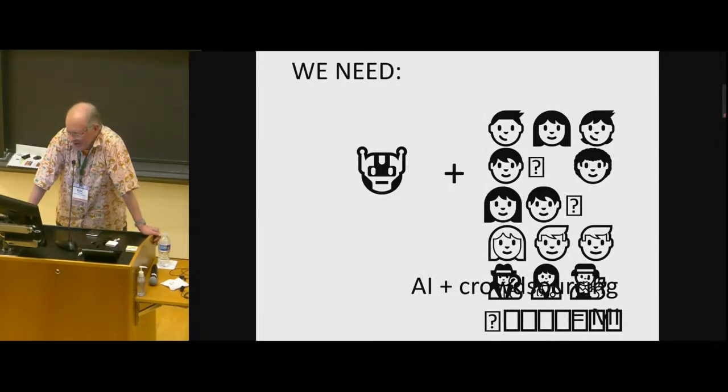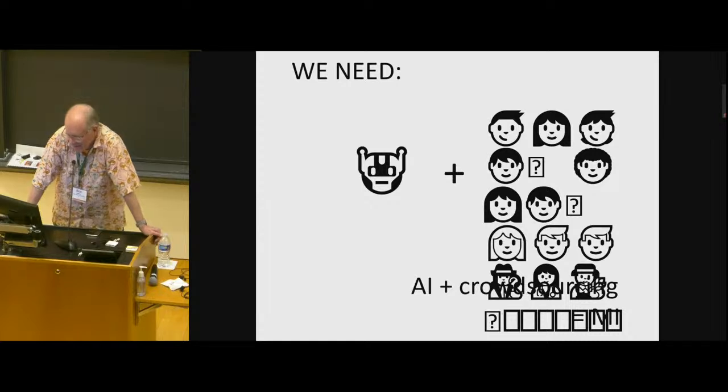Oh, so this is not in color, okay. And the emojis aren't all present in the Unicode font on this computer. But anyway, what I think we need is collaboration between AI, that's a robot head if you can't tell, and lots of people. Those are lots of people.